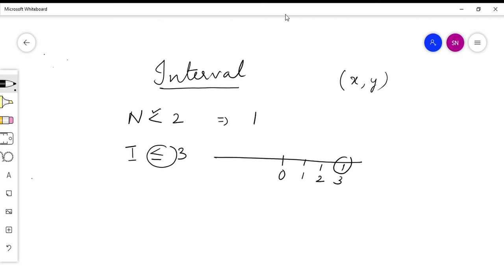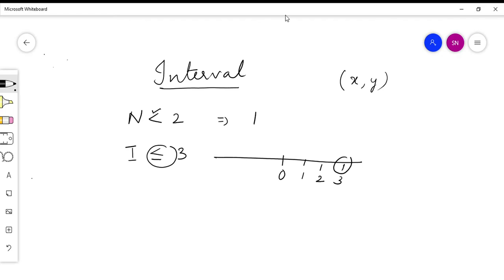We have four different combinations: closed-open, open-closed, both open, and both closed. I will explain in detail what these intervals written in this ordered pair are.